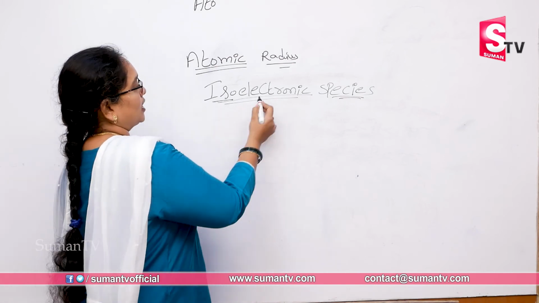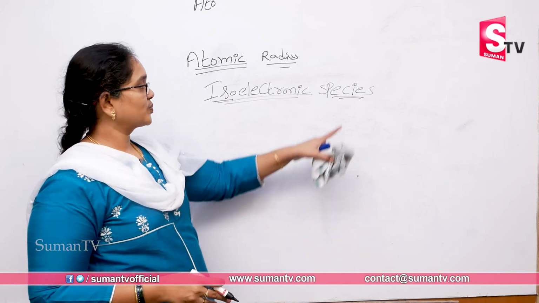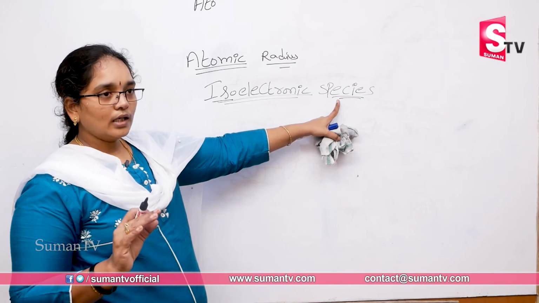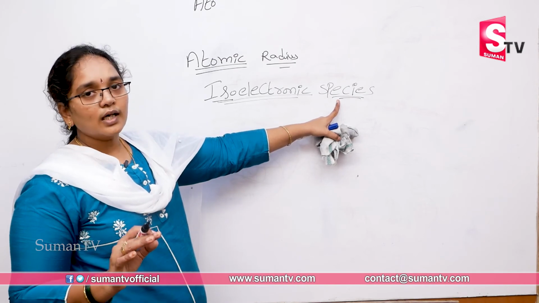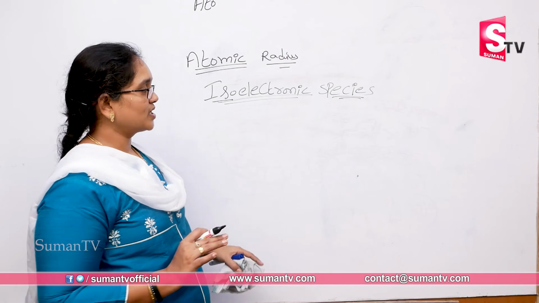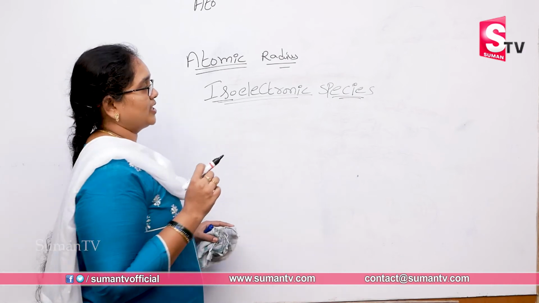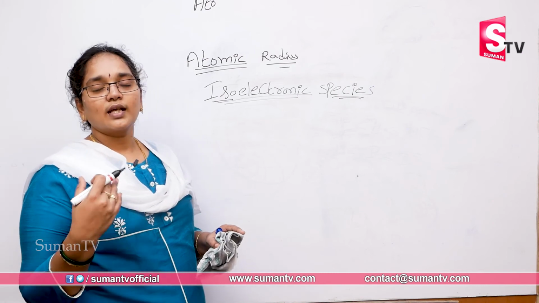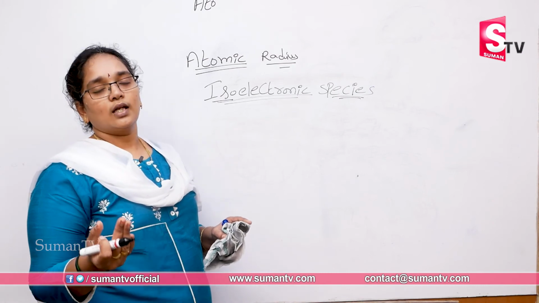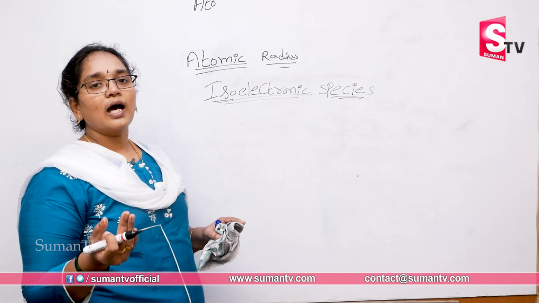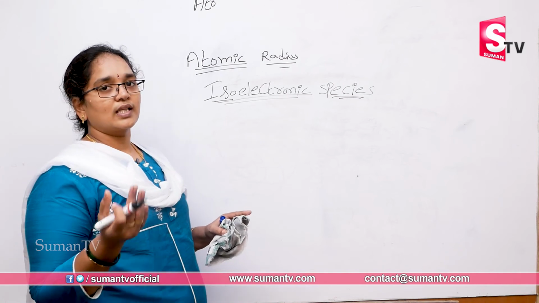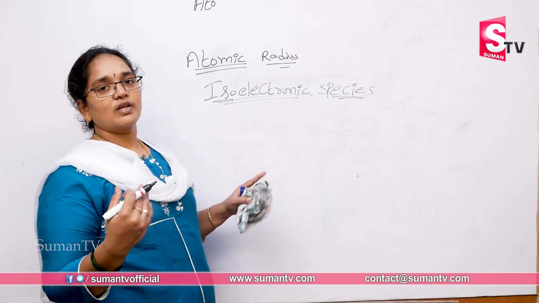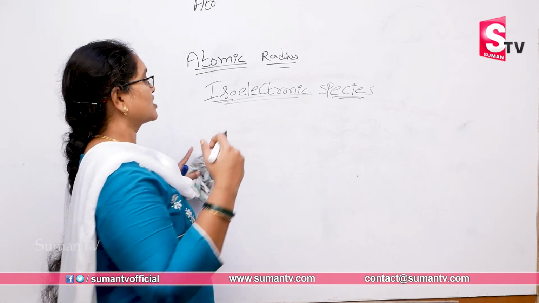Iso means same, electronic means number of electrons, and species means atoms or ions in chemistry. So either atoms or ions which have the same number of electrons, we call isoelectronic species.